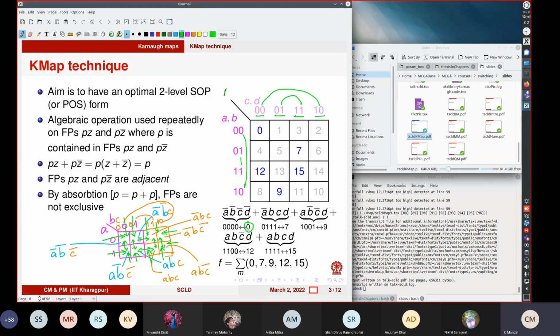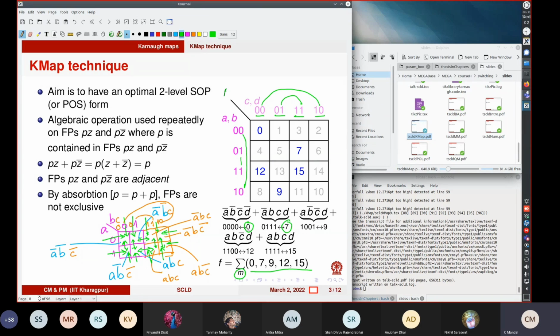So this one, say A bar, B bar, C bar, D bar, is numbered as 0. This one, A bar, B, C, D, is numbered as 7. So it's a little more compact.